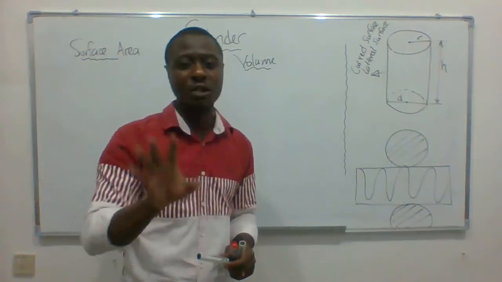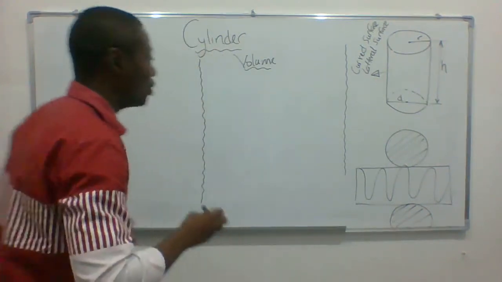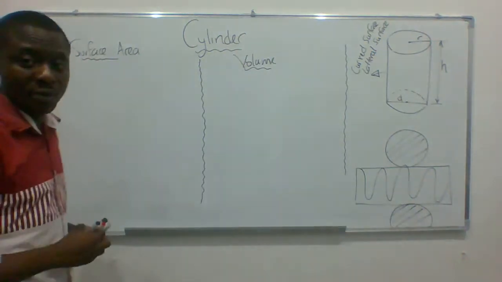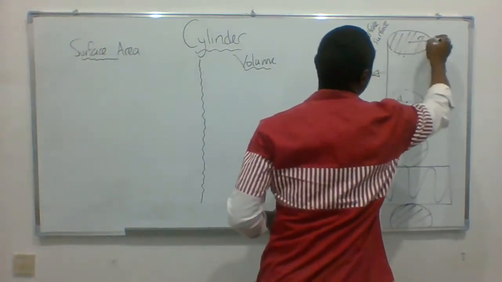Then it's actually the addition of those three areas. So let's find the area of the top, or the area of the base, the area of this shape, which is a circle.